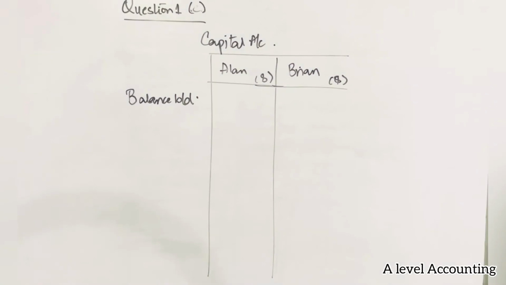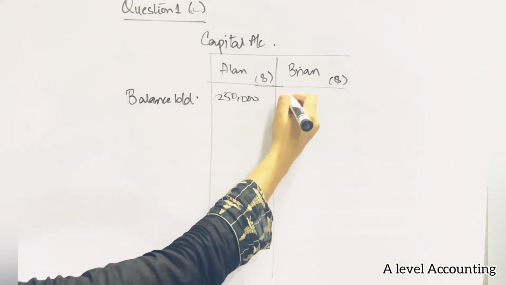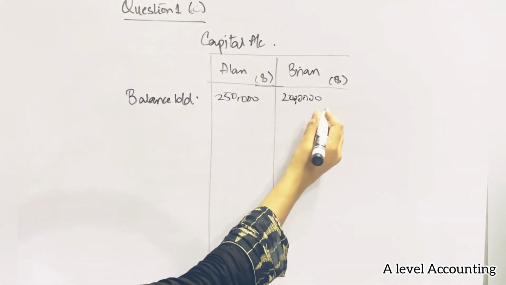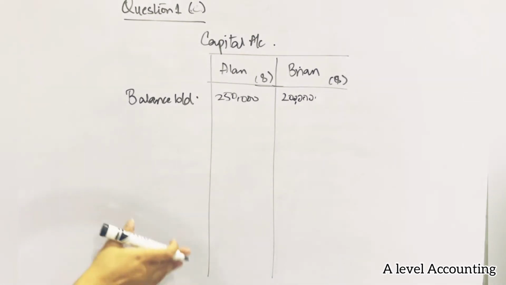So now if you look into this, we have the brought downs available for Alan and Brian as 250,000 and 200,000. You're just supposed to list down the brought downs. In this case, if you do not have the debit or credit side, you will be subtracting those which are on the debit side and adding those which are on the credit side.